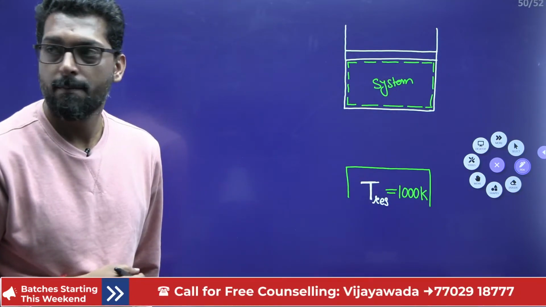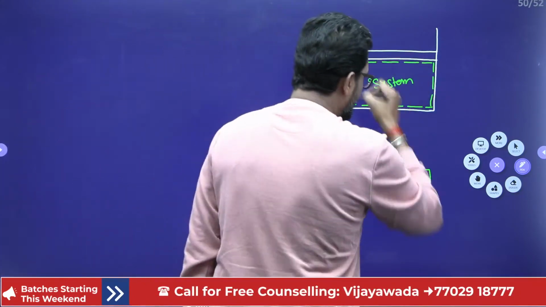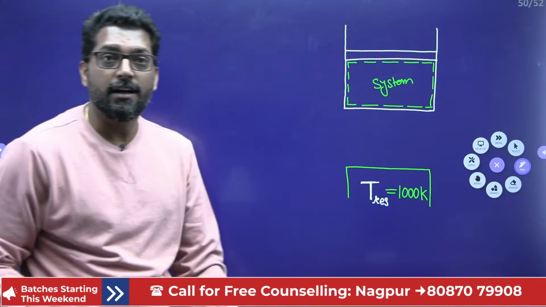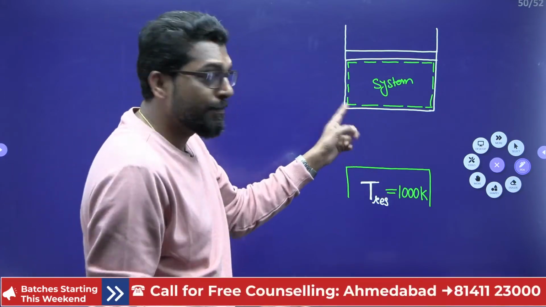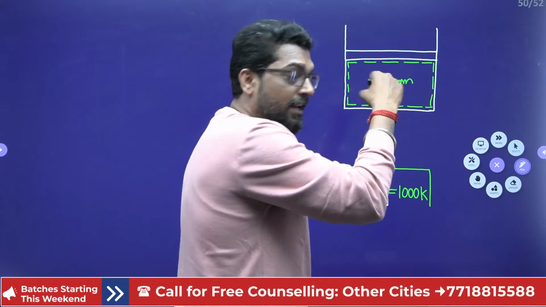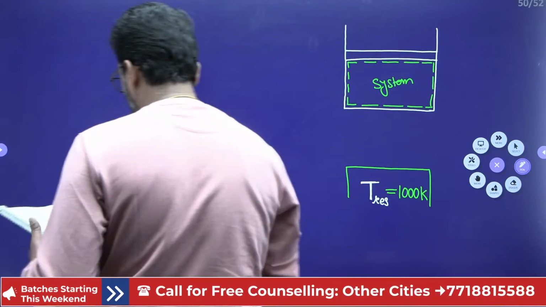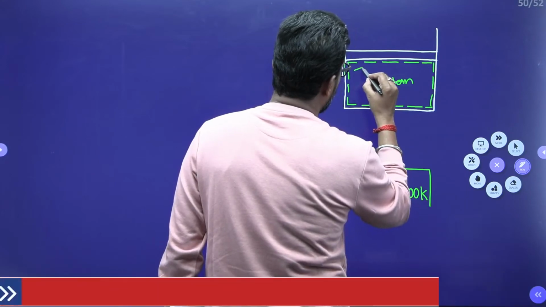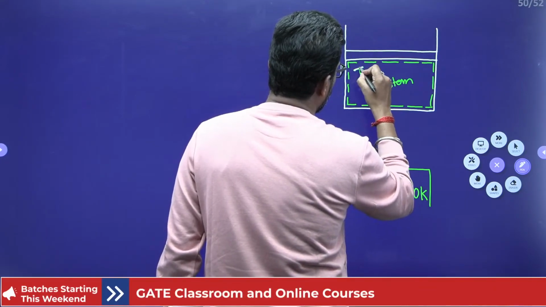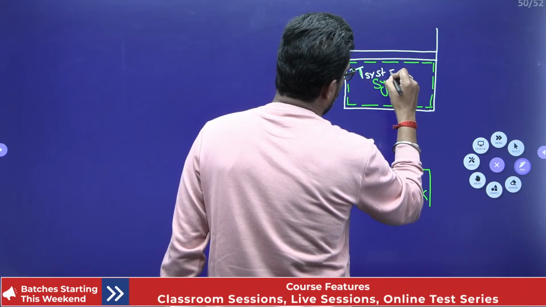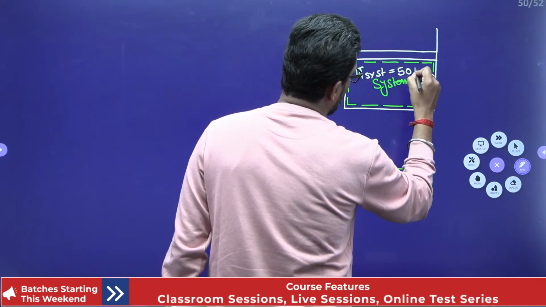Now, this system has a temperature less than 500 Kelvin. That means T of system is equal to 500, let's suppose.